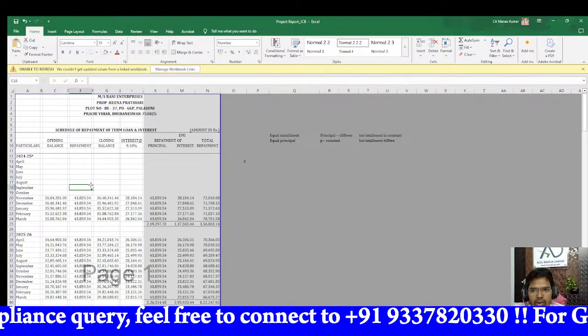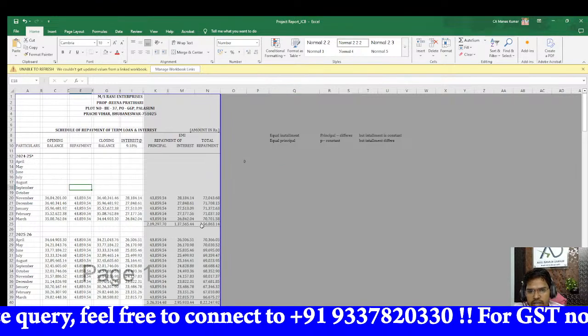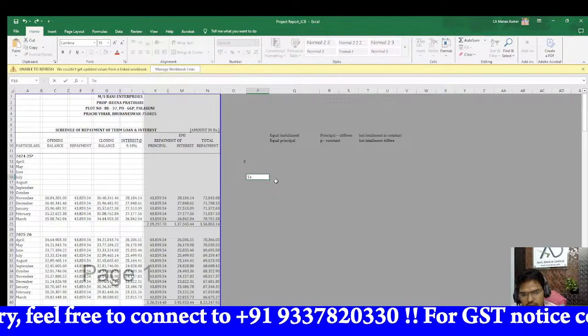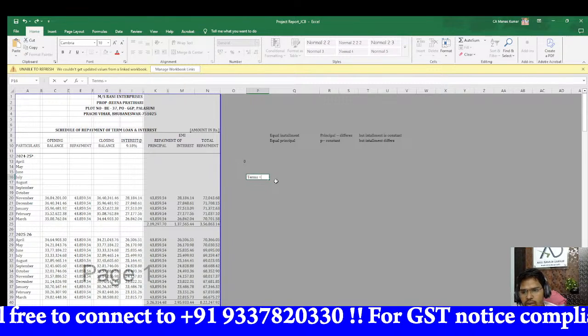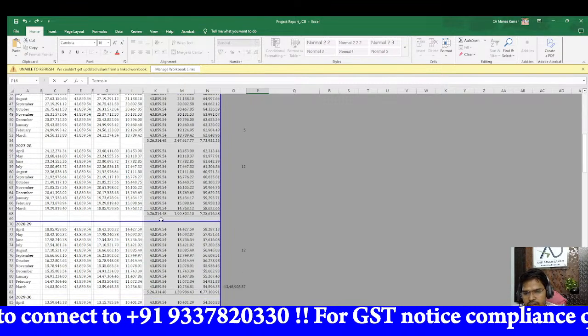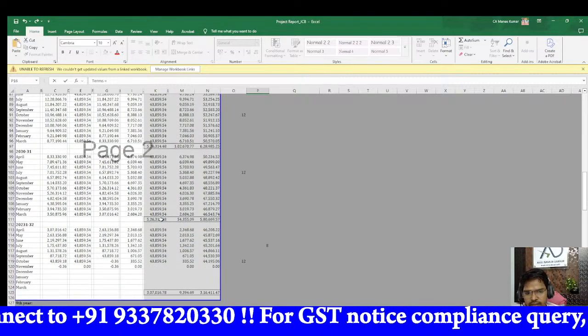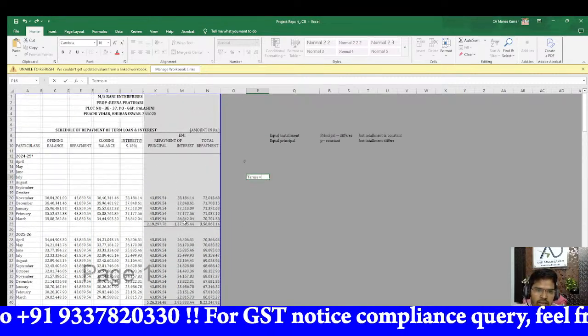In my scenario, the term of the loan is 7 years.